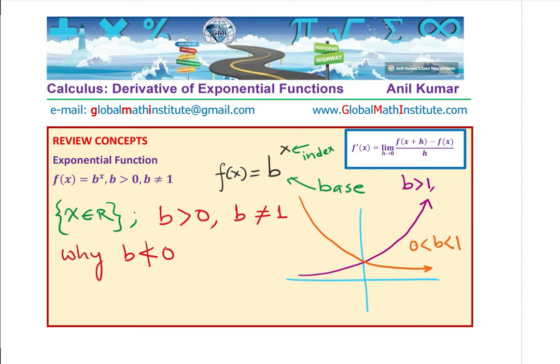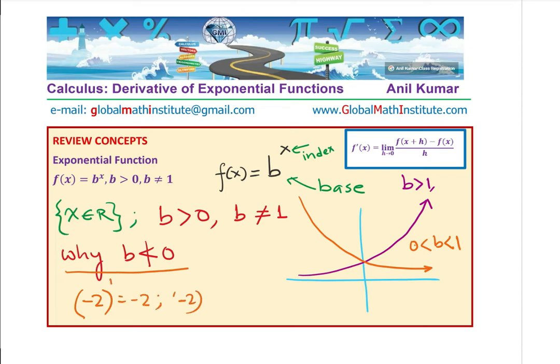Now the thing is, why b is not less than 0? Think about this. If b is negative, then what happens? Let's consider minus 2. When I take the power as 1, I get minus 2.